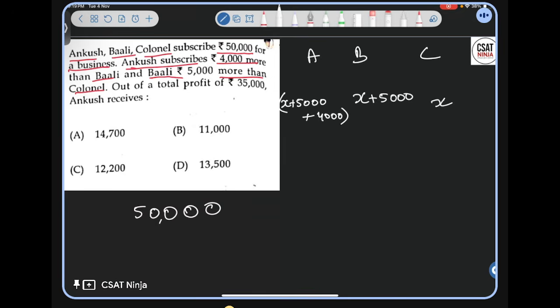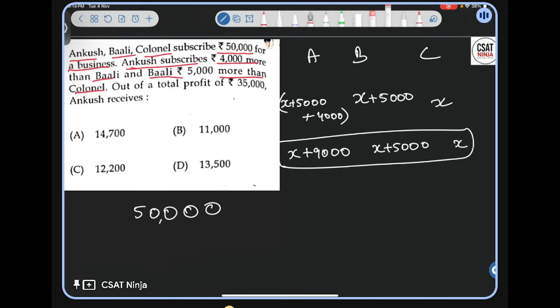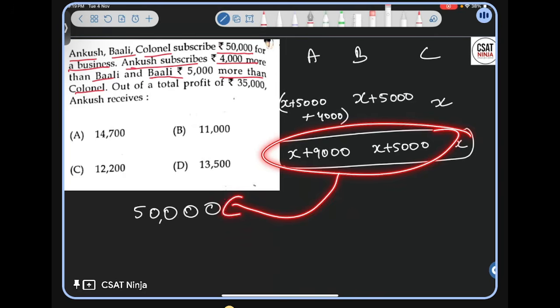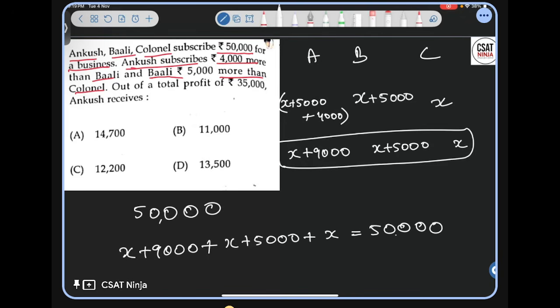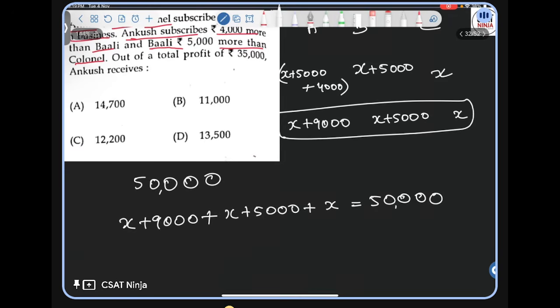So let us find their investment. A invested X plus 9,000, B invested X plus 5,000, and C invested X. But what does the question say? Their total investment is 50,000. So I'll write like this: investment of A plus investment of B plus investment of C is 50,000.